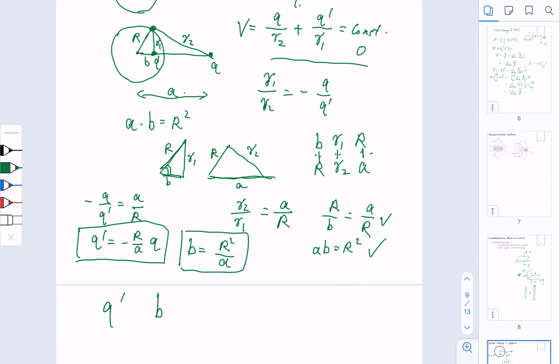So what I mean is that we can make a smart choice to simply calculate the potential at the point over here and over there, right?